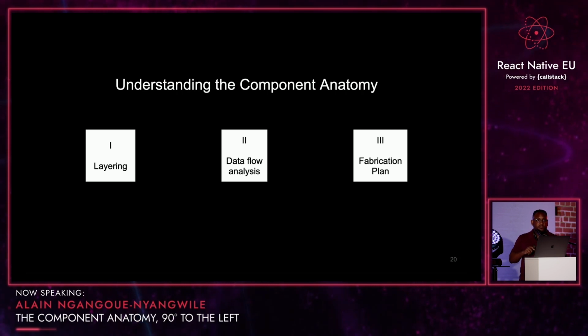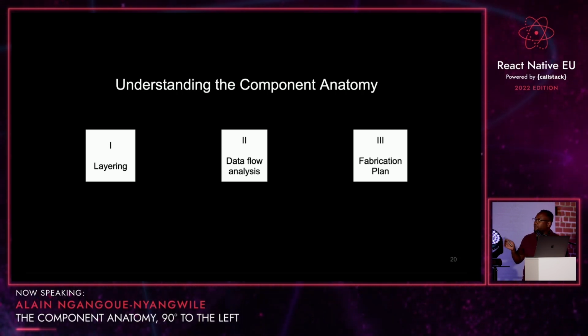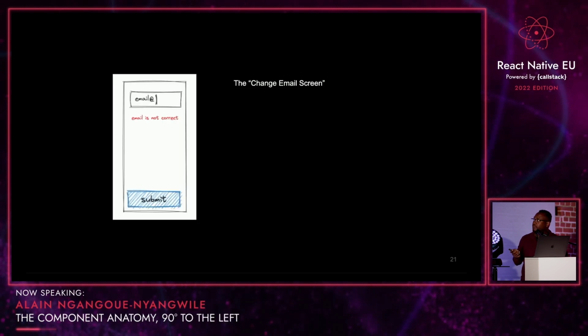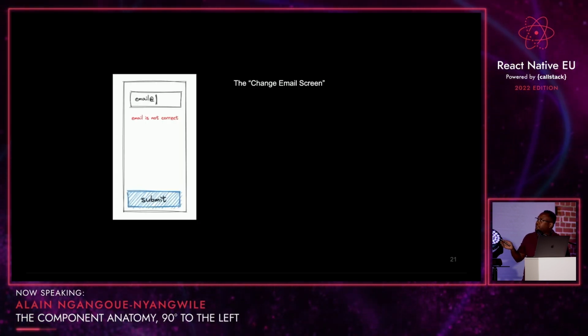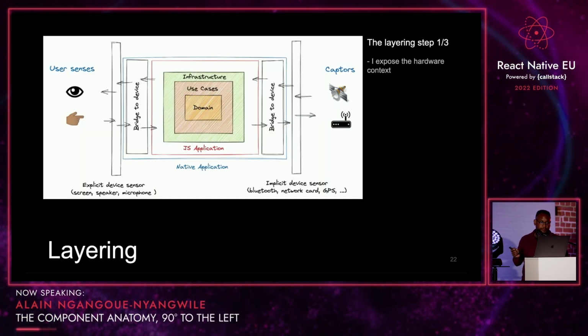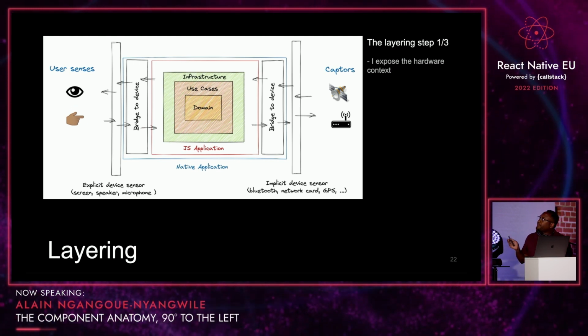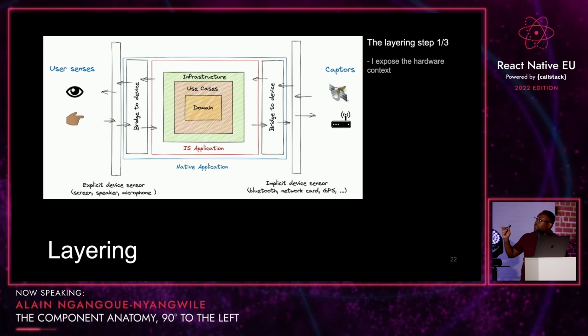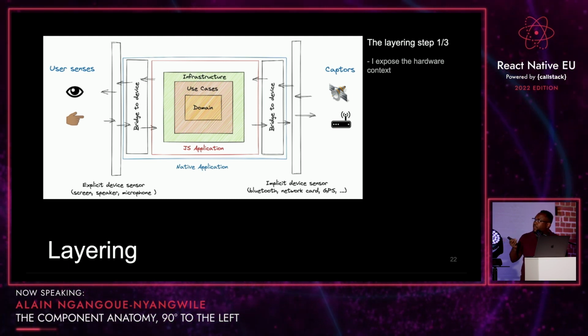The component anatomy is a design process in 3 steps: the layering, the data flow analysis, and the fabrication plan. Let's take the change email screen. So the first step of the layering is to expose what I call the hardware context.